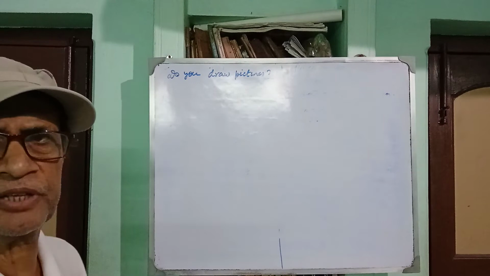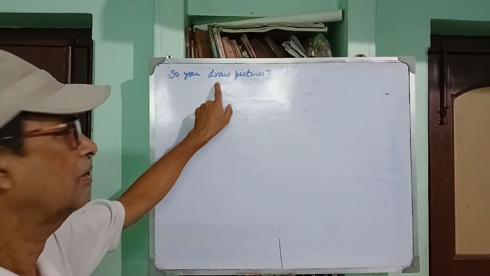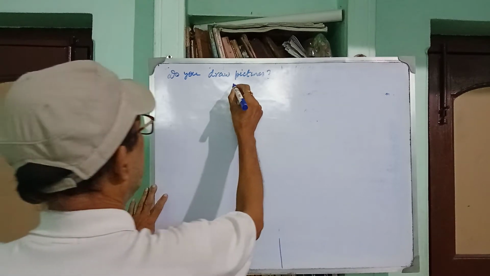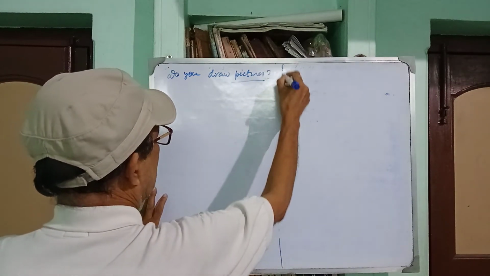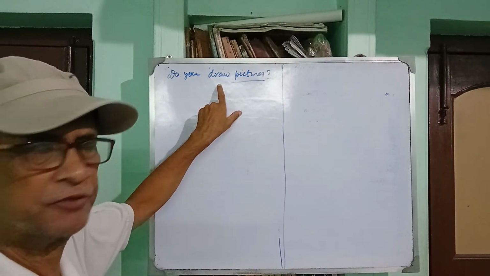It is an interrogative sentence. Ask, draw, by what? It will give you the answer, pictures. So pictures is the object. Now let us convert it into passive voice.